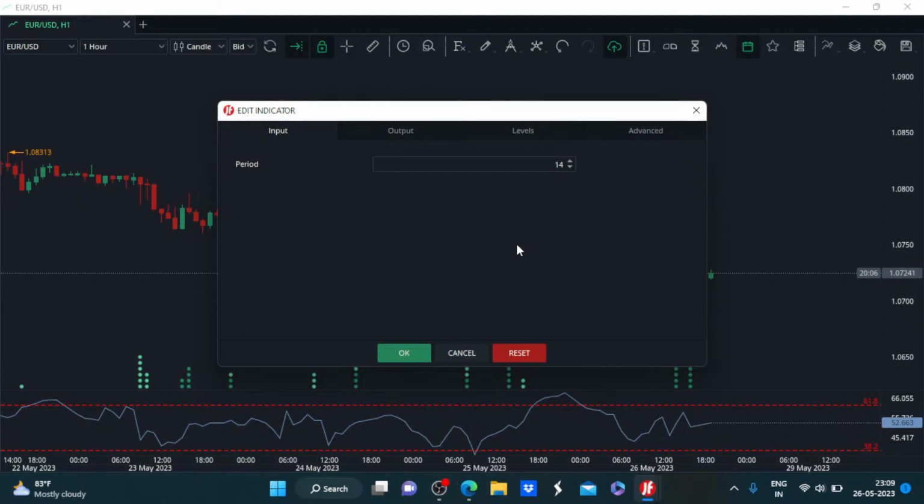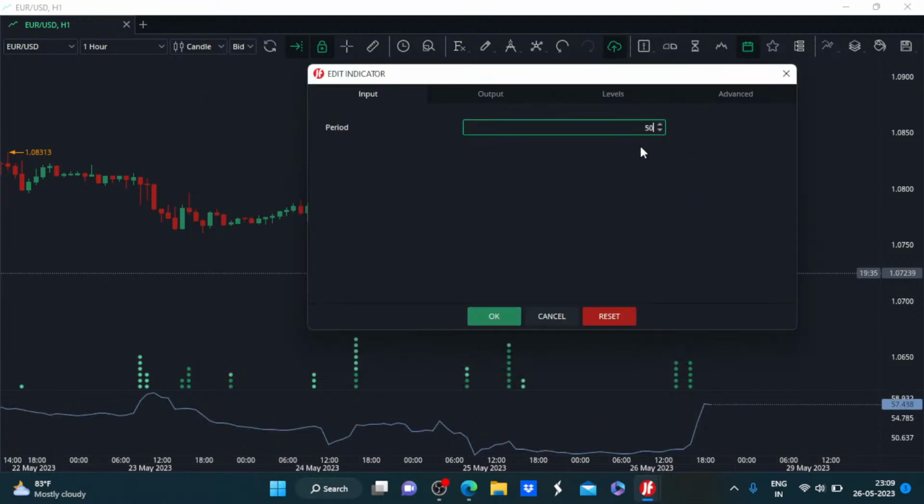You can even go higher to say a calculation period of 50. So depending on how the price action has been for this many candle periods, the indicator will be plotted, and only for strong trends will you see these output values changing course.